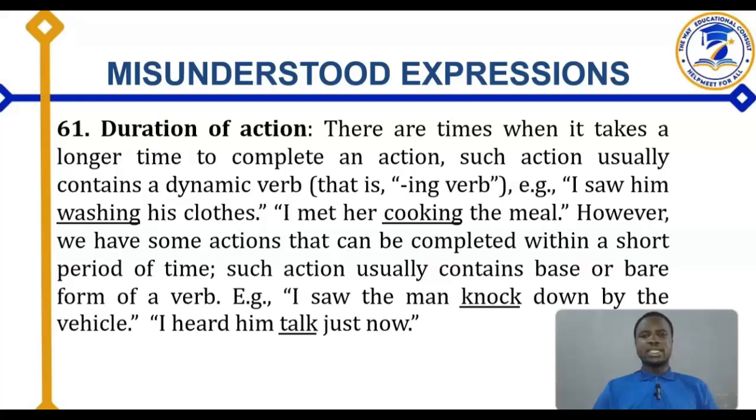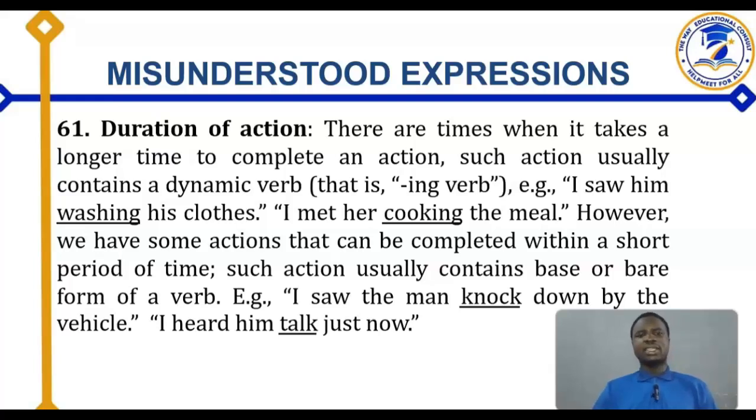However, when the action involves just a short period of time, you use it in the infinitive form, that is the base form. So there are times when it takes a longer period of time to complete an action. For instance, I saw him washing his clothes. You know, washing of clothes will take more time, right? That's why you still use ing after the him, which is the object, as object complement there. I saw Aneta cooking the meal. Cooking does not just take seconds. It takes more than that.